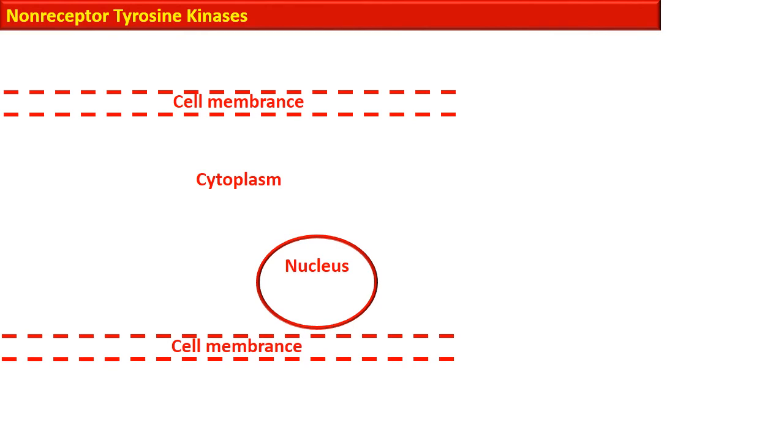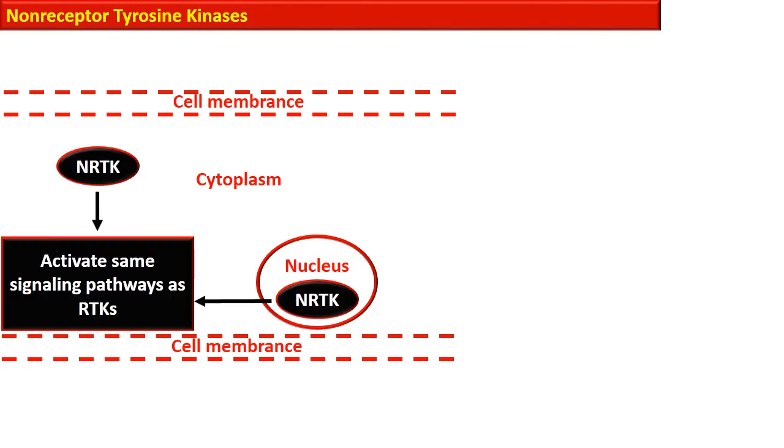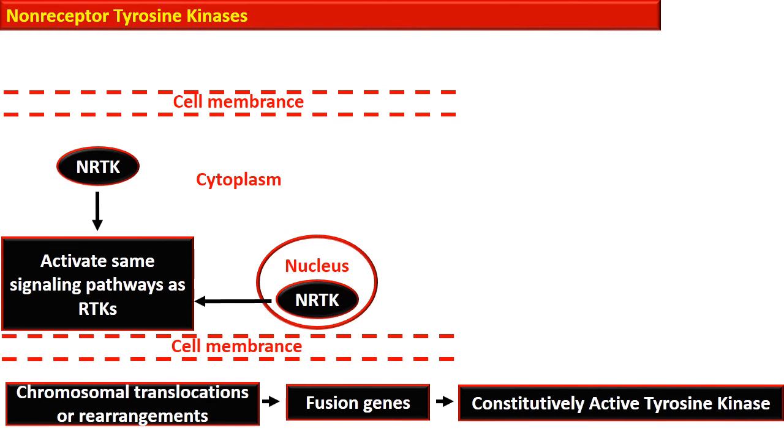The non-receptor tyrosine kinases are located within the cytoplasm and within the nucleus, and when activated, they activate the same signaling pathway as receptor tyrosine kinases. In most instances, there is chromosomal translocation or chromosomal rearrangement that results in the development of a fusion gene.